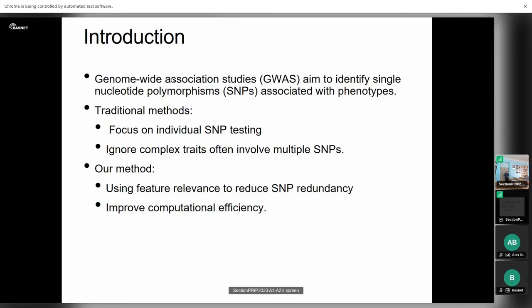Traditional methods focus on individual SNP testing, and they ignore that complex traits often involve multiple SNPs. In our method, we use feature relevance to reduce SNP redundancy and improve computational efficiency.